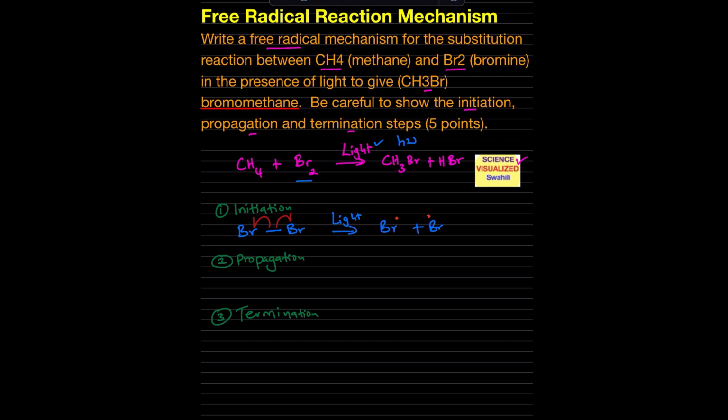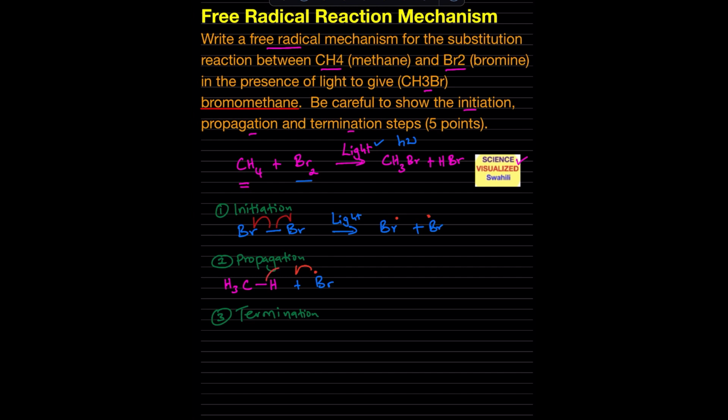Now for the second step, I'm going to rewrite this CH4 as H3C-H, so it still has 4 hydrogen, and then I'll carry over or bring down the Br radical that we generated in the first step. And now you have a radical reaction again. So the Br radical, single electron, will move to form a bond with the hydrogen.